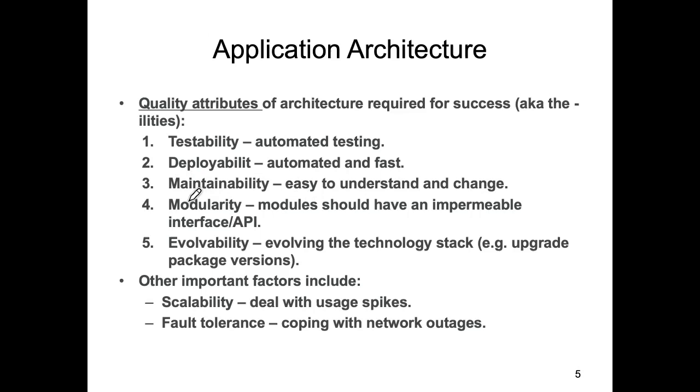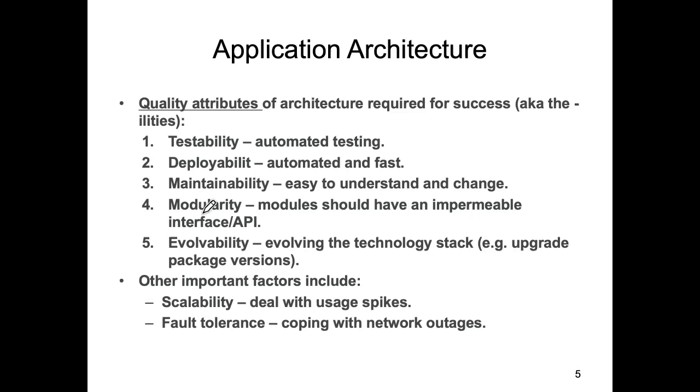Modularity, always a good thing when you talk about software development. Is the application source code broken up into meaningful modules that are isolated from one another? It's easy to break code up into modules, but if there's an awful lot of interaction between those modules, that's probably not great.